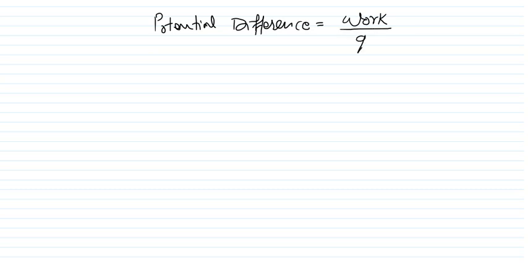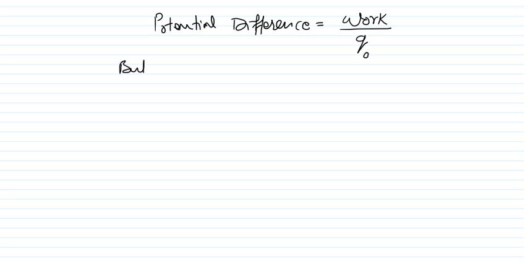Now we know the definition of potential difference. Potential difference is equal to the work done in moving the charge from one point to another divided by the magnitude of charge.